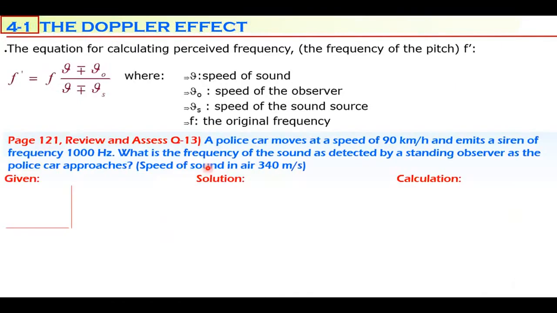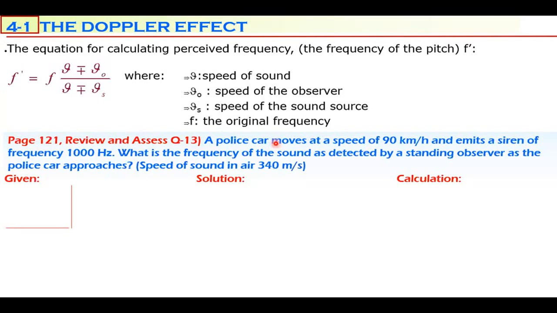And the equation for calculating the perceived frequency or the pitch frequency, which is f prime, is this: f prime equals f, which is the original frequency of the source, multiplied by v plus or minus vo over v plus or minus vs. V is the speed of sound in air, both in numerator and denominator. Plus or minus vo, vo belongs to the observer. V plus or minus vs belongs to the source.